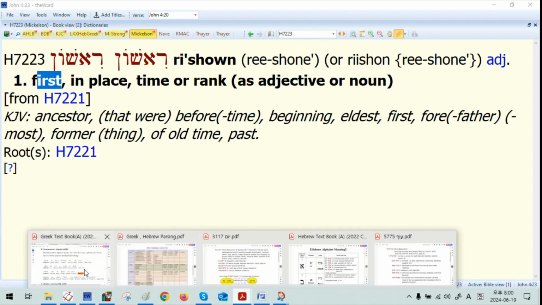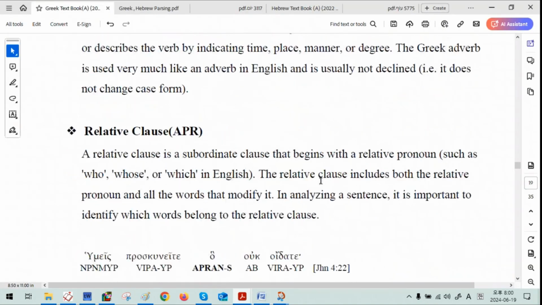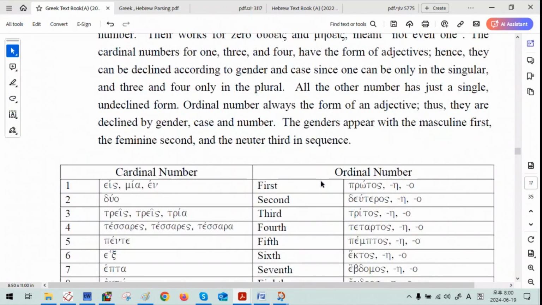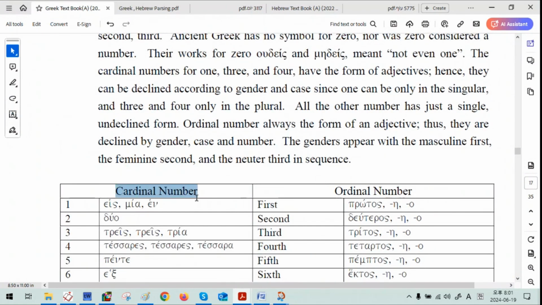When we study our textbook, we already study the Greek numbers, and Greek also divides by the cardinal number and ordinal number, right? Then first is protos, prote, proton. There is a masculine, feminine, neuter in the sequence, right? And then number one, cardinal number, heis, mia, hen, which is the masculine one, feminine one, and neuter one, right?